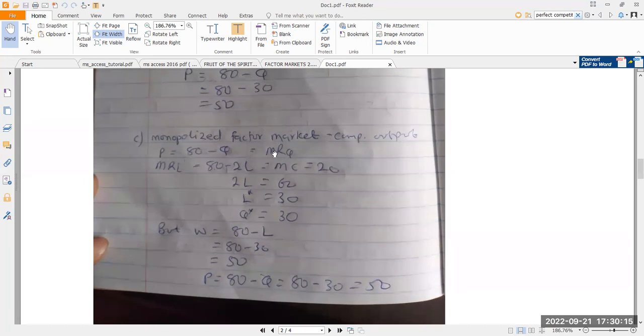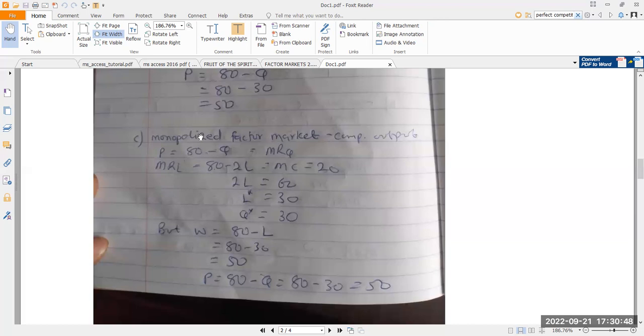So price should be equal to marginal revenue, which means that the marginal revenue product of labor will be exactly the same as 80 minus Q. The marginal revenue product of labor, 80 minus Q, will be 80 minus L, since Q is equal to L.